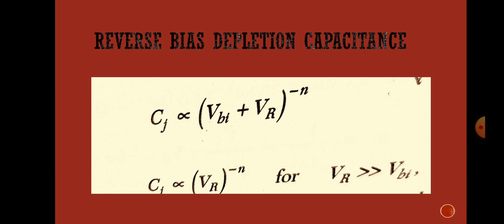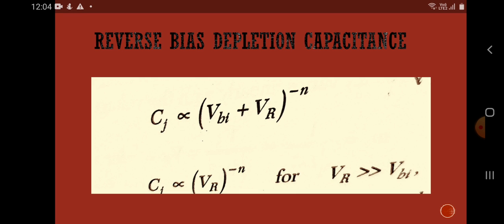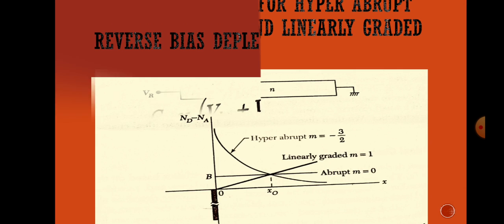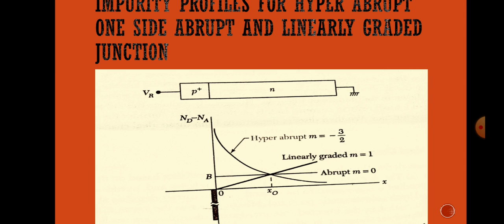We can further increase the voltage sensitivity by using a hyper-abrupt junction having an exponent n greater than half. Here we have a figure which shows three doping profiles of a P plus N junction with donor distribution Nd given by B times (x by x0) to the power of m, where B and x0 are constants. m is equal to 1 for a linearly graded junction, m is equal to 0 for an abrupt junction, and m is equal to minus 3 by 2 for a hyper-abrupt junction.